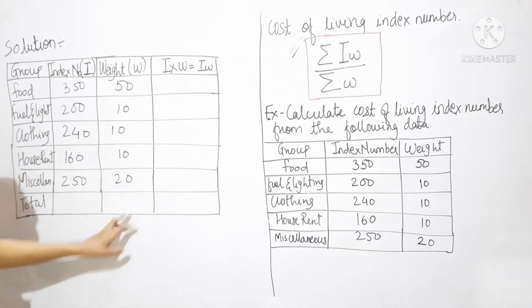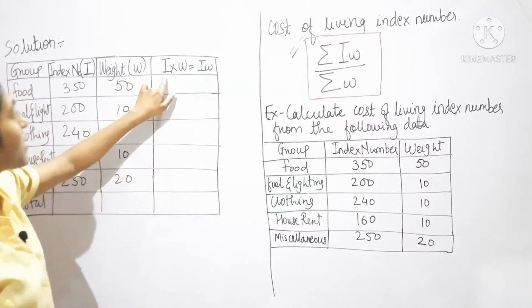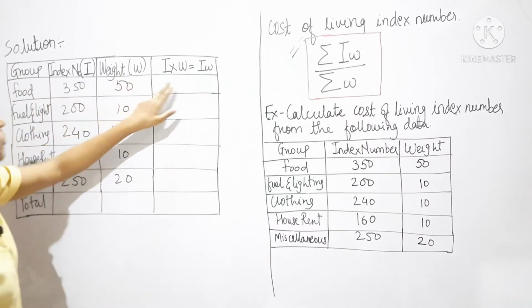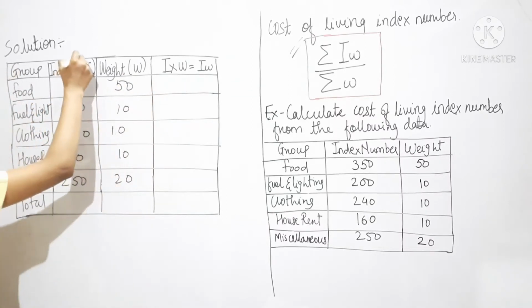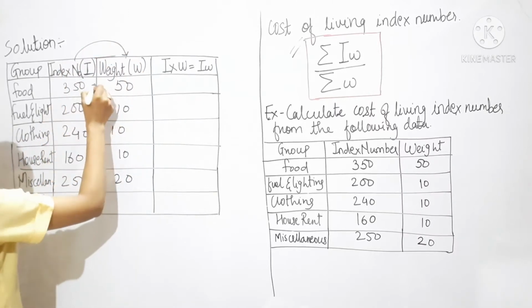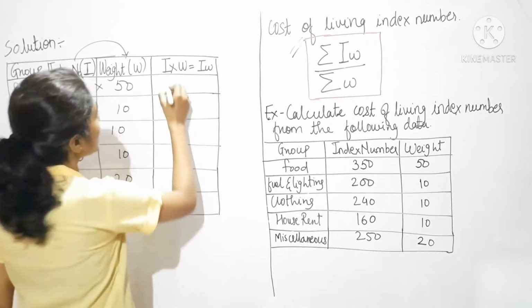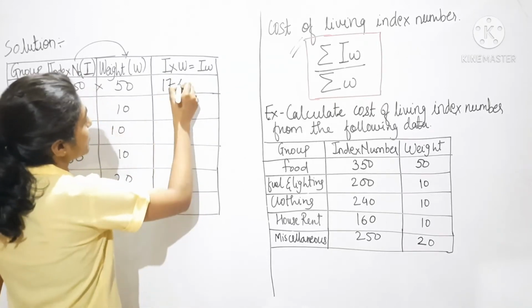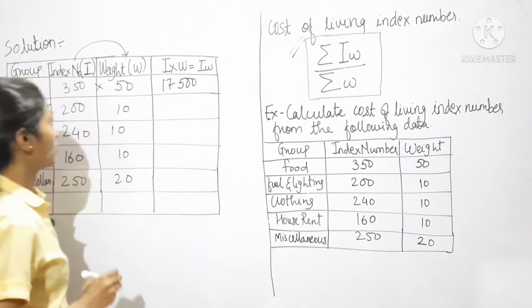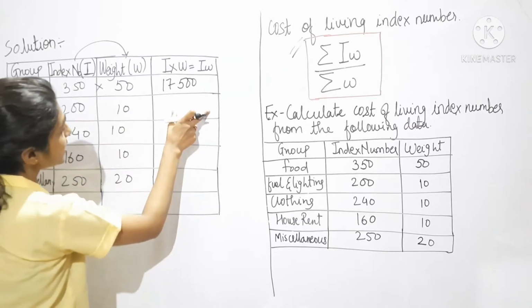Next, IW. How are we going to find this column? I means index number, W means weight, so multiply index number by weight: 350 multiplied by 50, we get 17500.